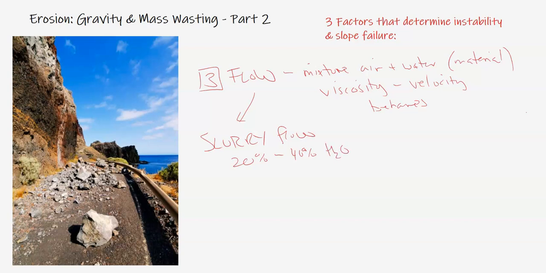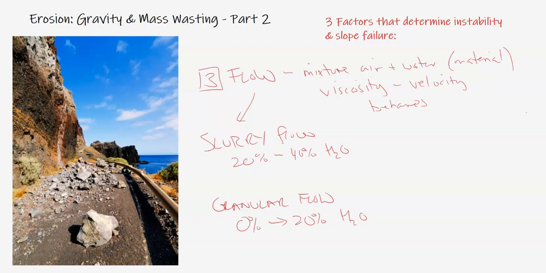And then you've got the lower amount, which is called a granular flow, which is 0%. Obviously, 0 would be just a regular slide perhaps, up to a maximum of 20% water capacity. And again, this would dictate the speed and the viscosity of the materials that are flowing down the hillside.